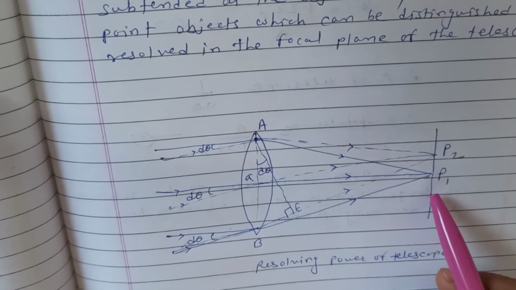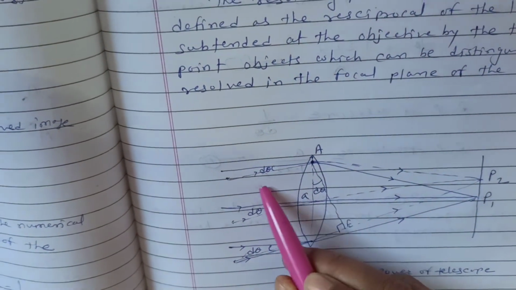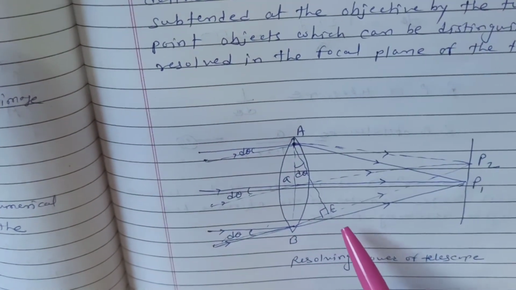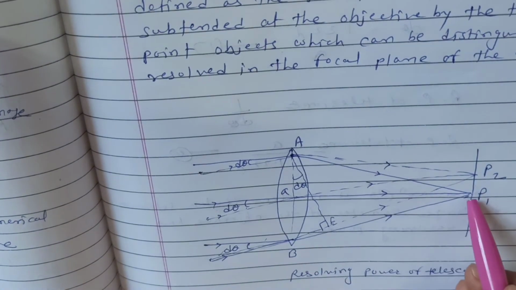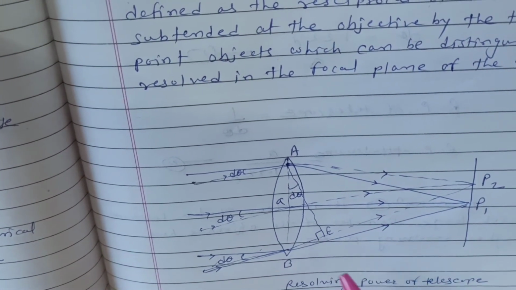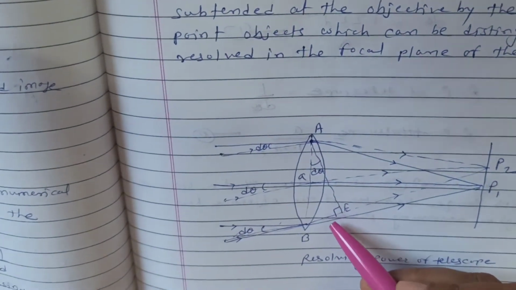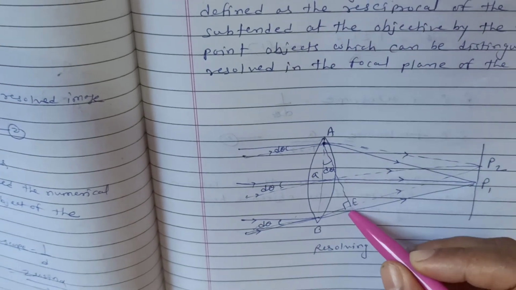The path difference between the secondary waves, the dotted lines, travelling in the direction BP2 and AP2, is equal to BE. This BE is the path difference.